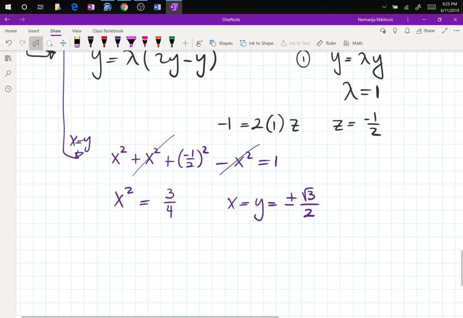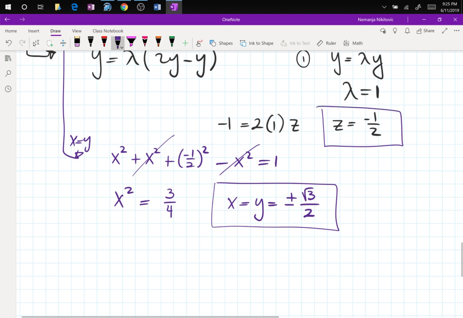Now I have these points, and I have the z value. I use the z in G to calculate these x and y's.